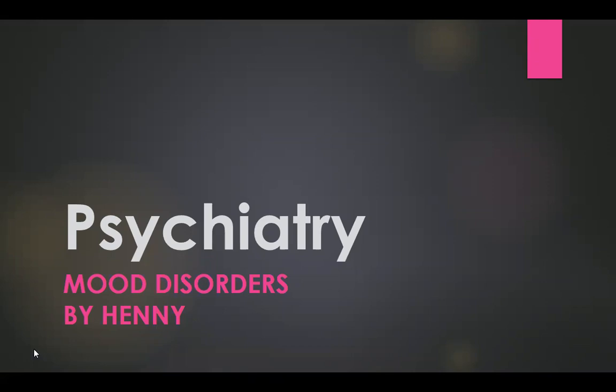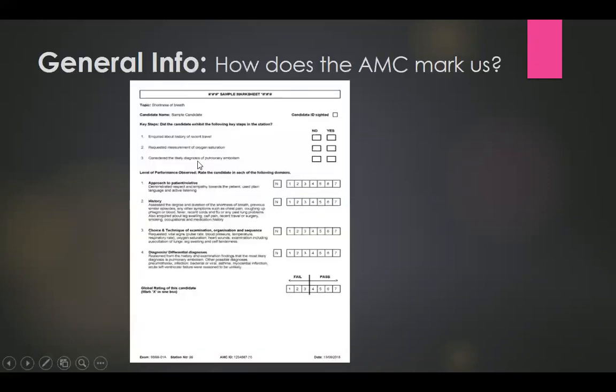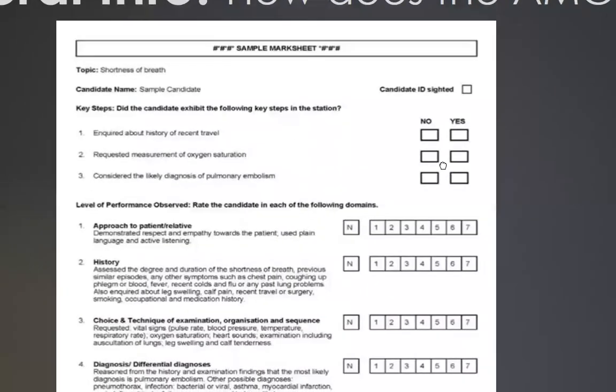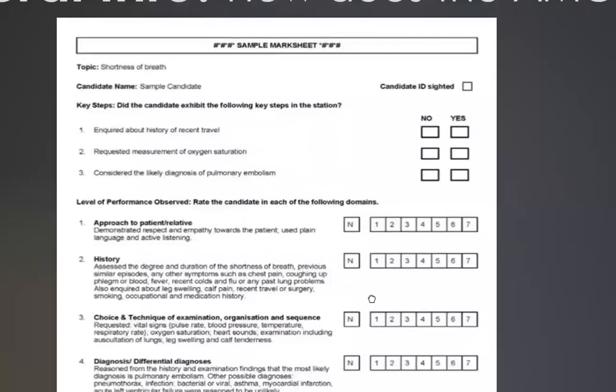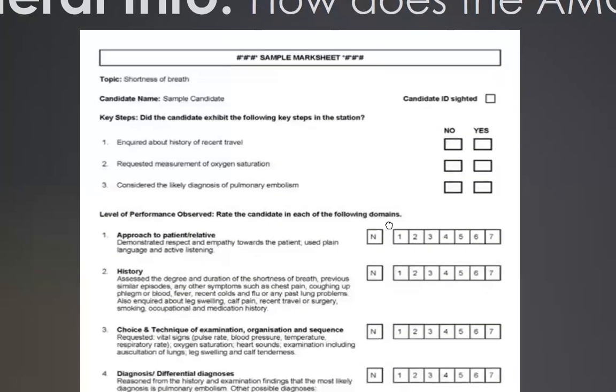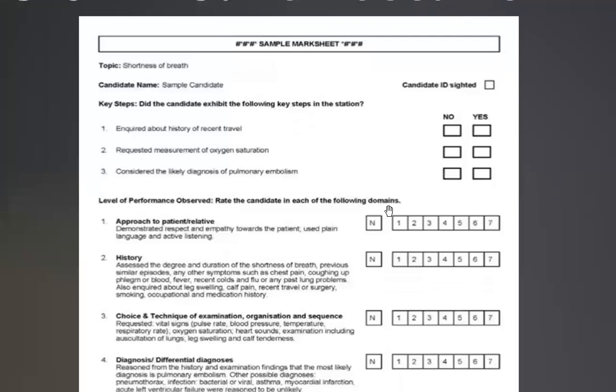So let us start. First, let's have a look at the marking sheet that has been released by the Australian Medical Council. This is a sample marking sheet for a sample case of shortness of breath, which turns out to be a pulmonary embolism. So we can see that there are a few key steps for each case that we are marked on.